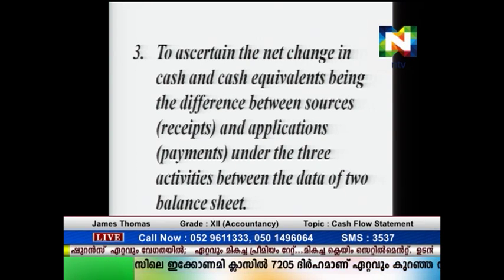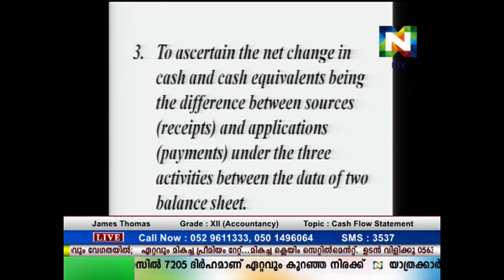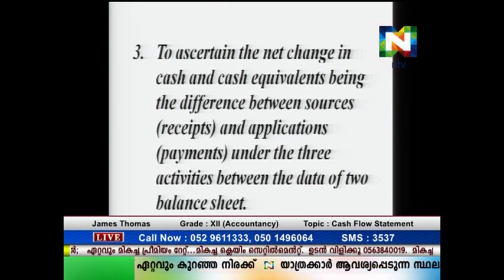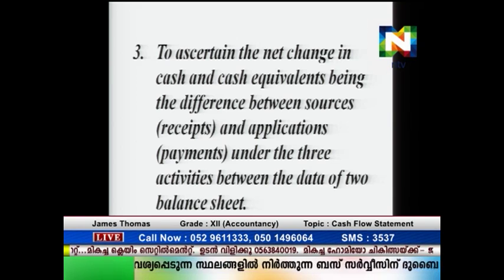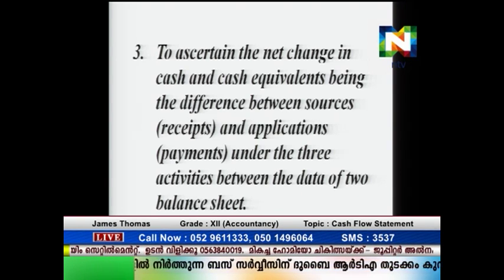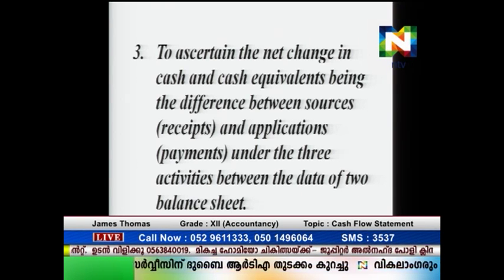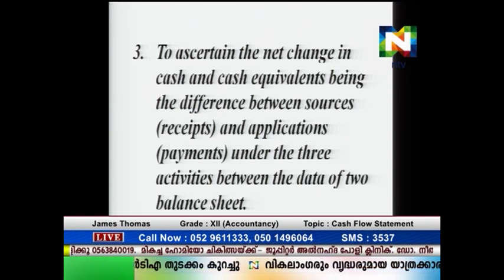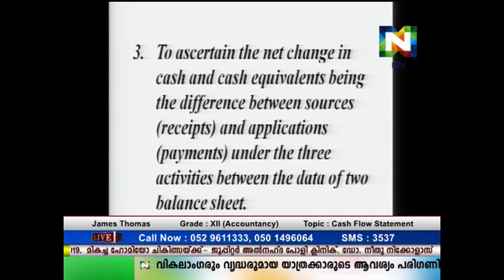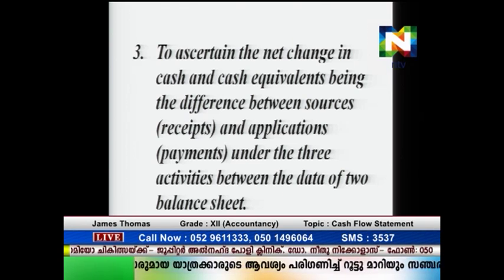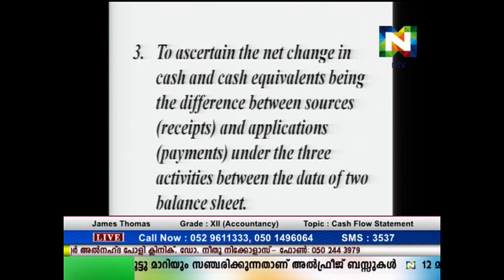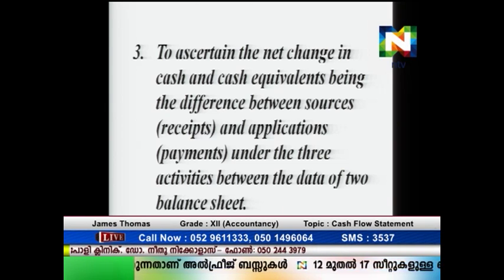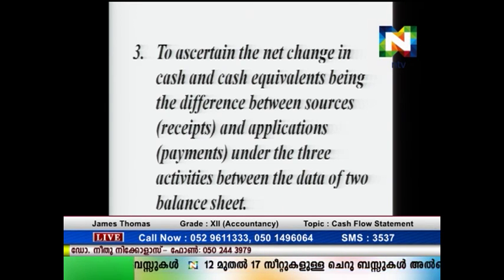And the third point is to ascertain the net changes of cash and cash equivalents, being the difference between the sources and applications under the three activities between the dates of two balance sheets. Now this is very important. Finally, we want to find out the net increase or decrease of cash and cash equivalents between the dates of two balance sheets.